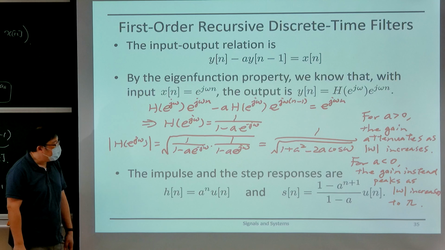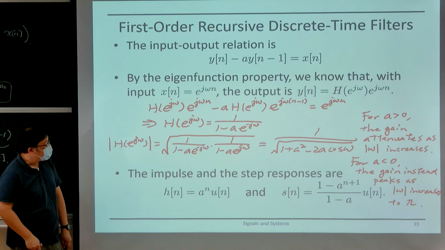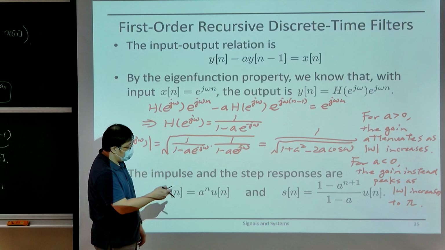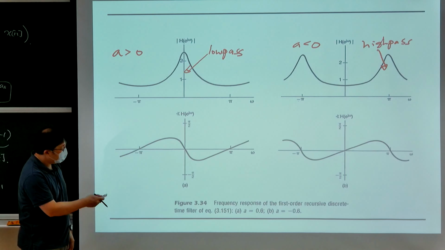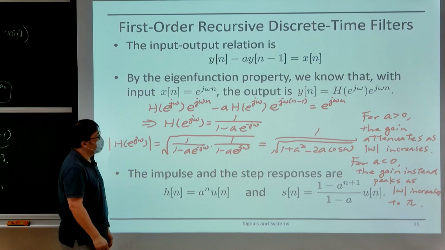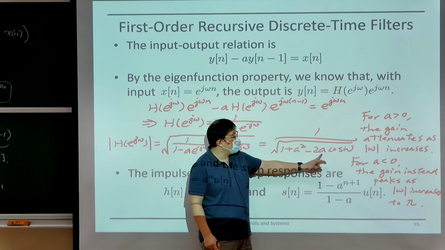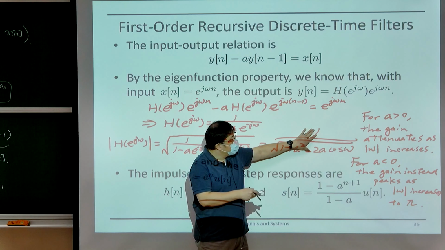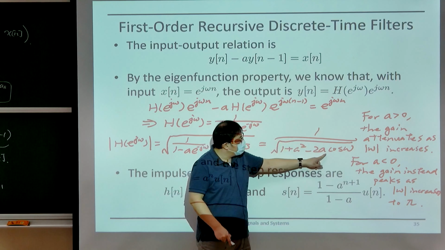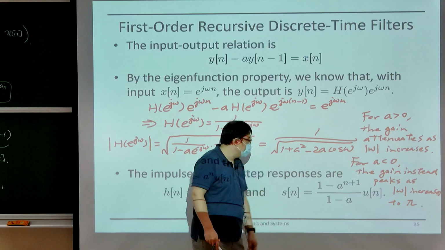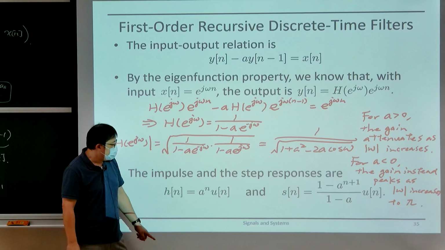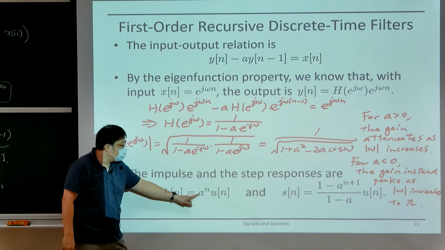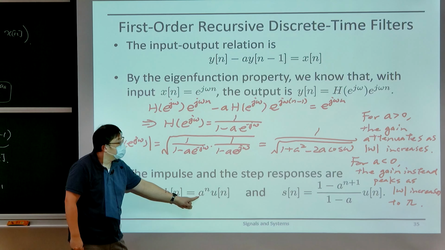Because if you pick a to be small, then the attenuation here will attenuate slower as omega increases. But for a that is small, the response decays rapidly in the time domain.